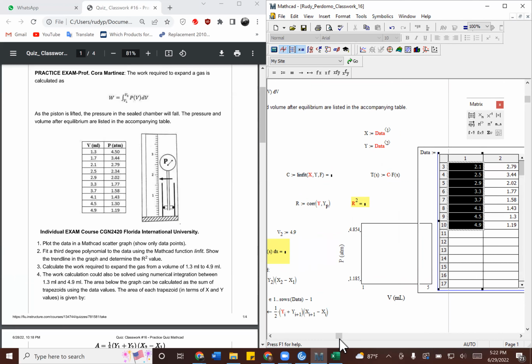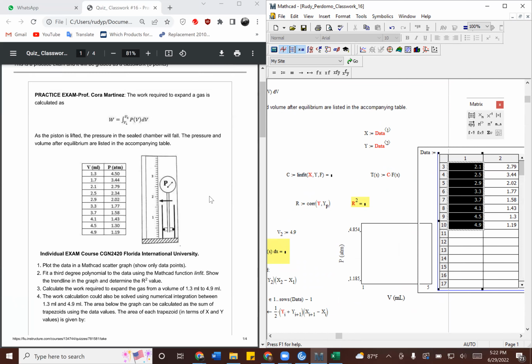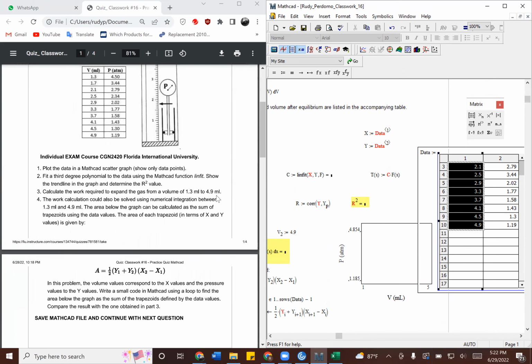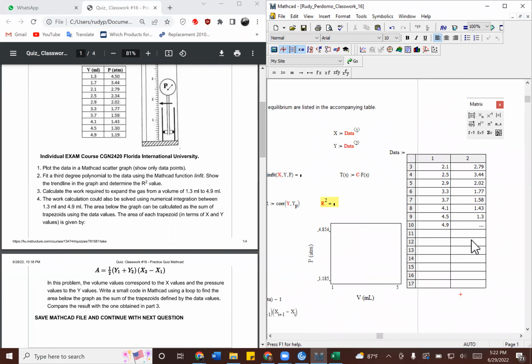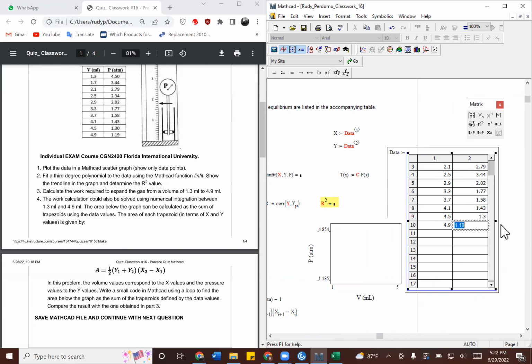Maybe it's a different problem. I don't think so. Hold up. No, that's fine. I'm going to write down 113, 143, 158, 177, 202. Oh, they're not wrong. I just had it scrolled down.